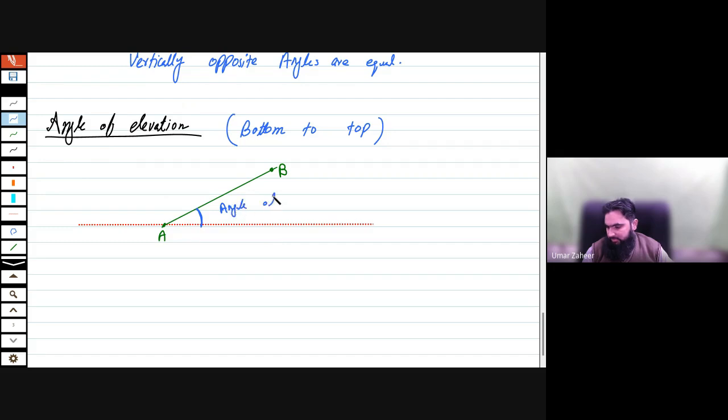Angle of elevation means you are going to see something a little bit upward, and you always measure the angle from your eye level. So this is the red line that I make, it is your eye level. From here you are making the angle upwards. That is the angle of elevation.